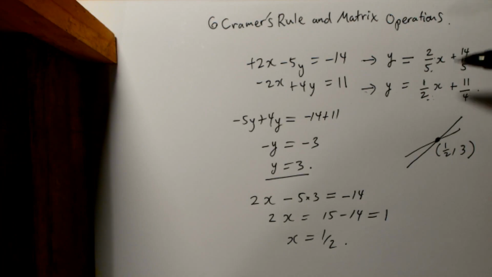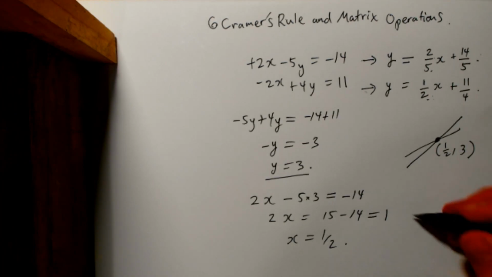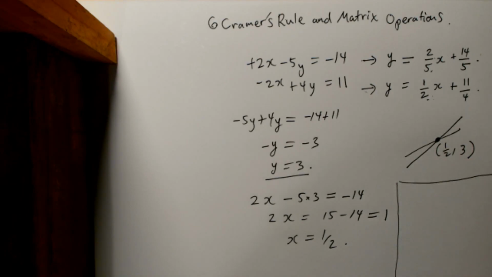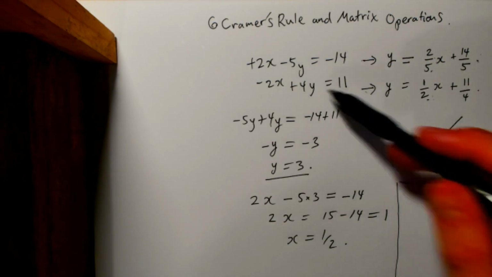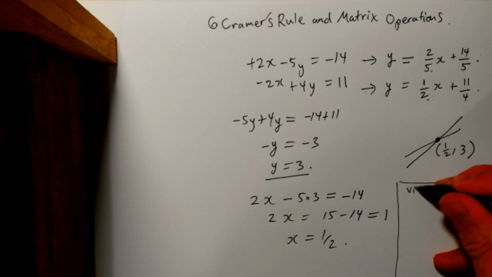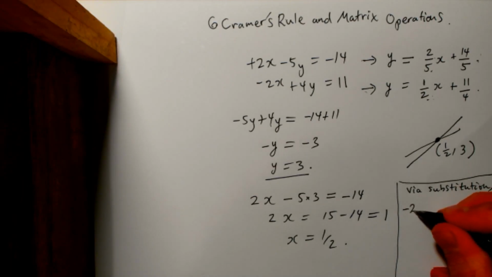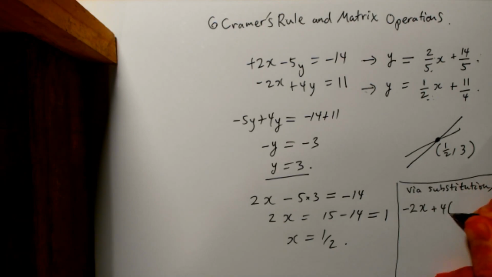However, you can also do this via substitution. I'll just create a little box here to do this via substitution, because what we've already done is solved for y, so it's quite simple to substitute this value of y into the second equation. And so via substitution, minus 2x plus 4 times 2/5 x plus 14/5 equals 11.